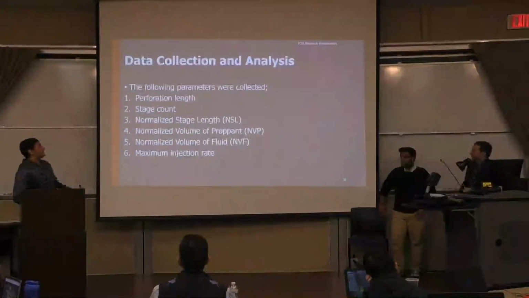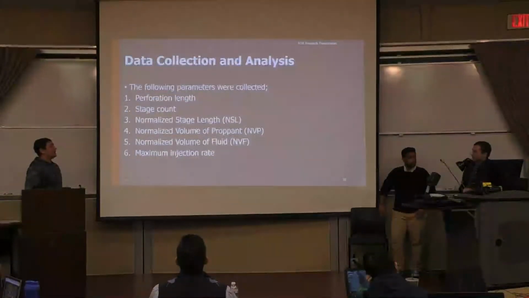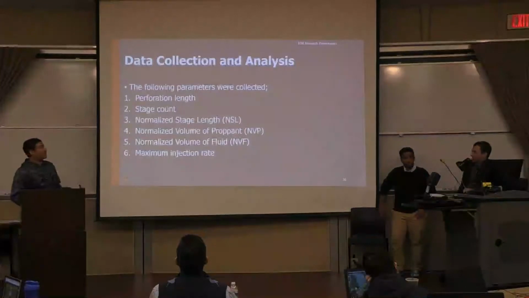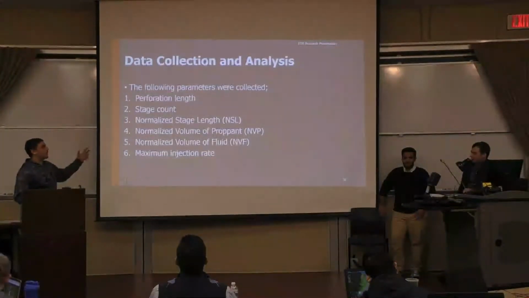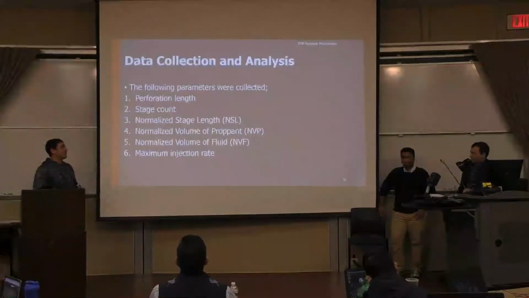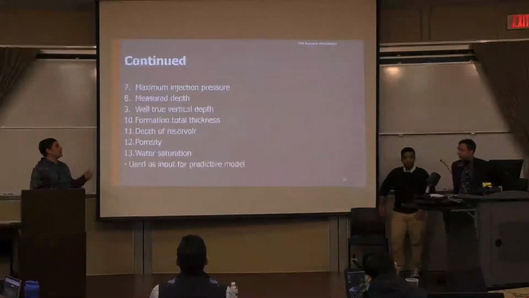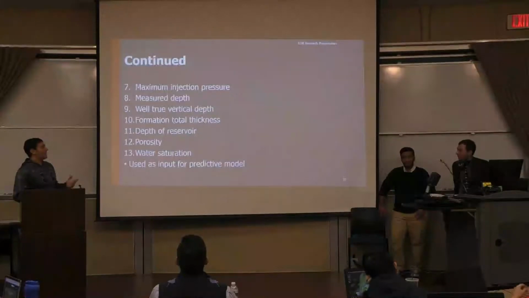The first stage is data collection and analysis. The following parameters were collected: the perforation length, stage count, NSL, MVV, NVF, maximum injection rate, maximum injection pressure, and so on.